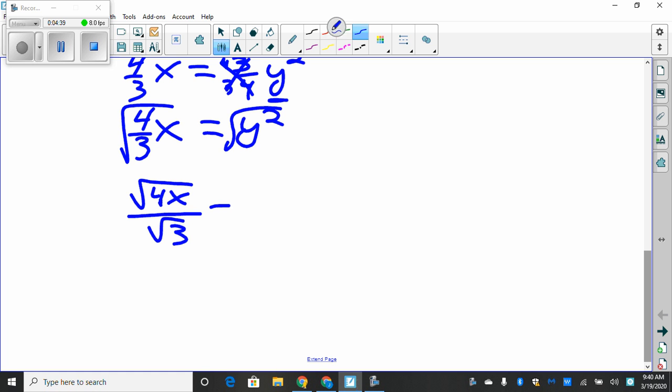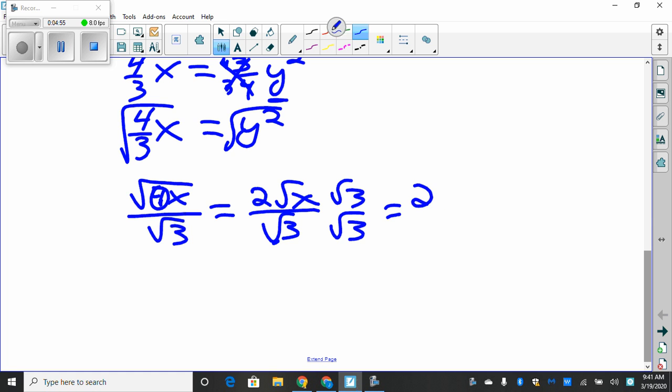The top will just become 2 times the square root of x, because I can take a 2 out of the 4. I'm still over the square root of 3. I can't have a radical down here, so I multiply by square root of 3 over square root of 3, and I get 2 times the square root of 3x on top. On the bottom, I'm just going to have 3. Now that's where they get their answer here.